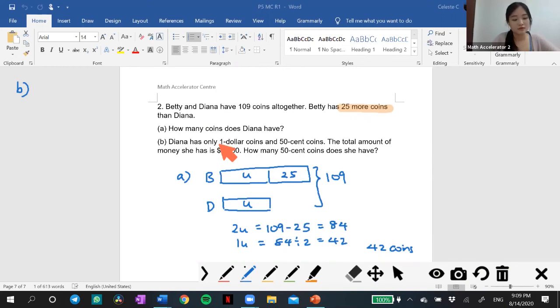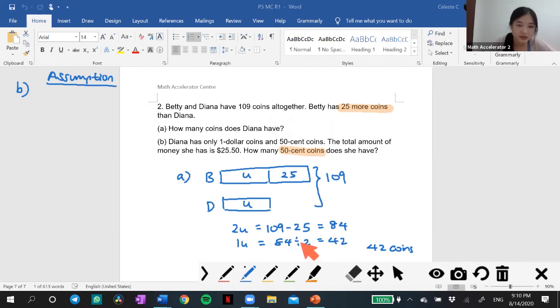Alright, so this question, they want us to find out how many 50-cent coins. I saw someone said must do assumption. Correct. We'll be doing assumption. Not sure if there are students from my class here.